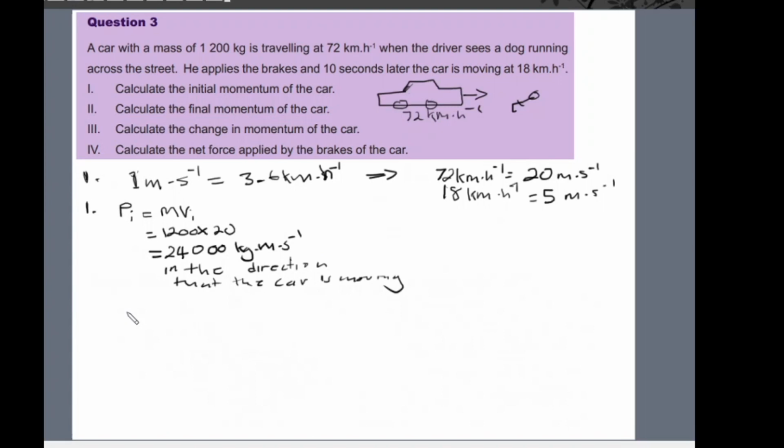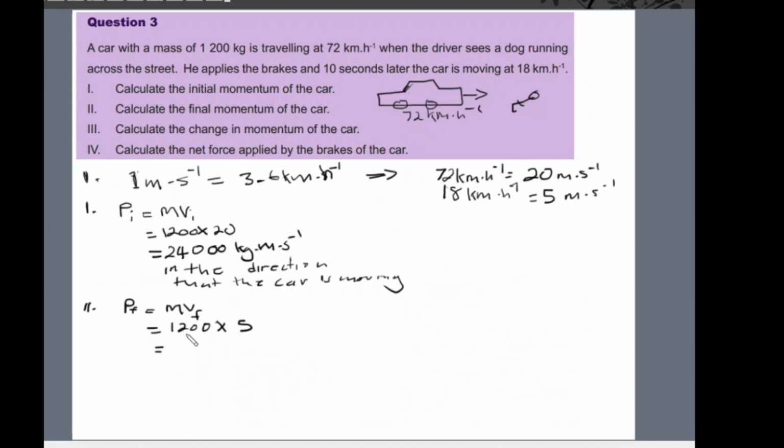Okay, so question 2, but calculate the final momentum of the car. So that's P_f is equal to the mass of the car times the final velocity. The mass of the car is 1,200 kg. The final velocity is 5 meters per second, right?